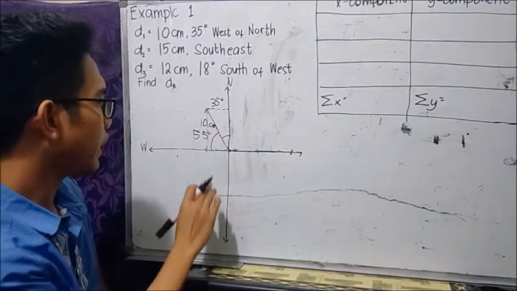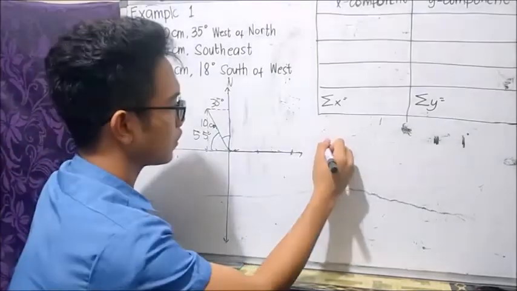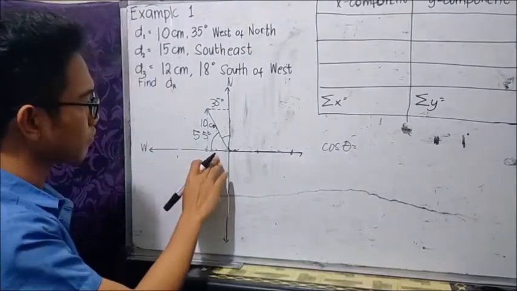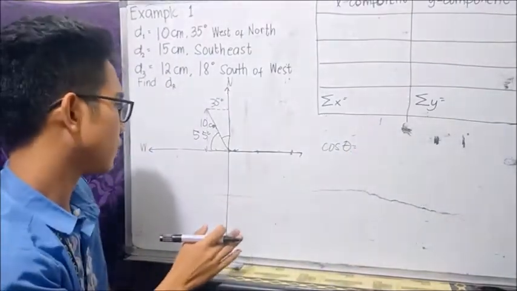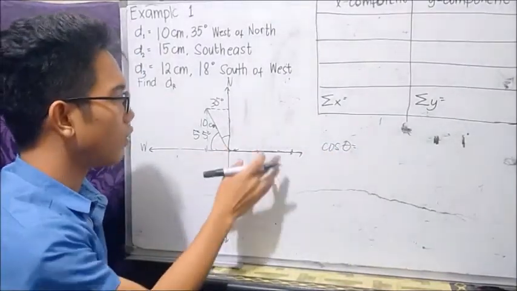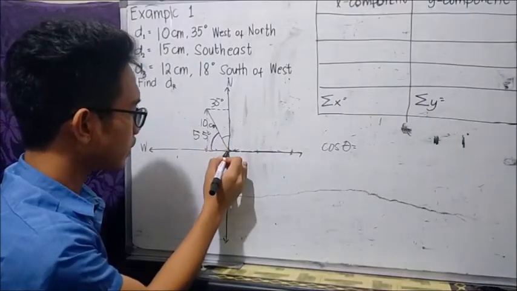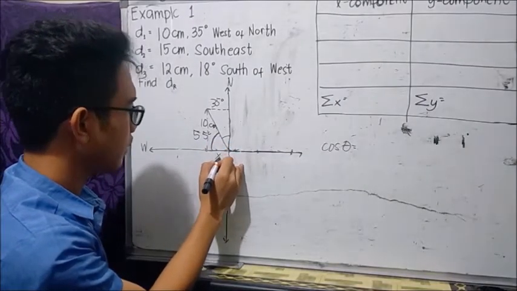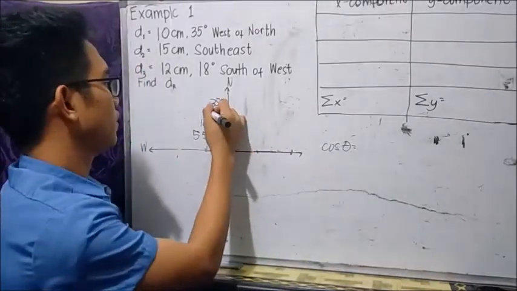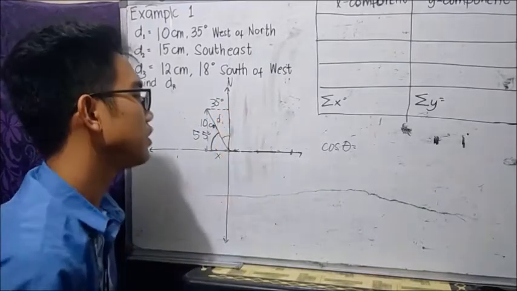So let's find your x component. So we have cosine theta is equal to, according to our rules of right triangle, cosine theta is equal to adjacent over the hypotenuse. So this is our angle. The adjacent side is your x, over your hypotenuse. So this time, let us name your hypotenuse d1.